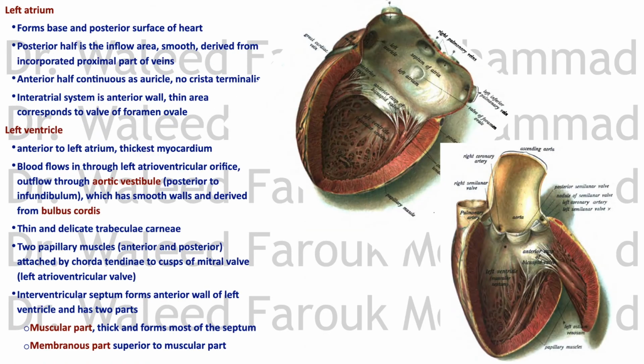Well, the left atrium: you have the back side of the fossa ovalis, of course, a smooth part that was incorporated from the veins that open into the atrium, and a rough part with some musculi pectinati, especially in the auricle, but there is no crista terminalis in the left atrium.